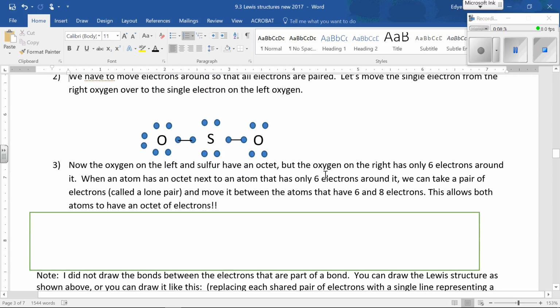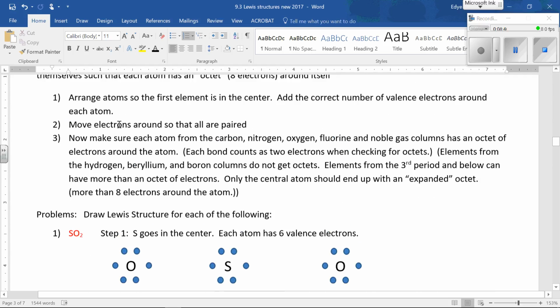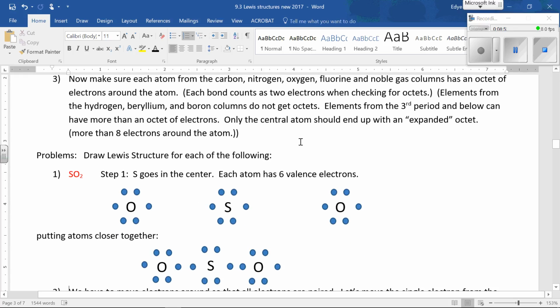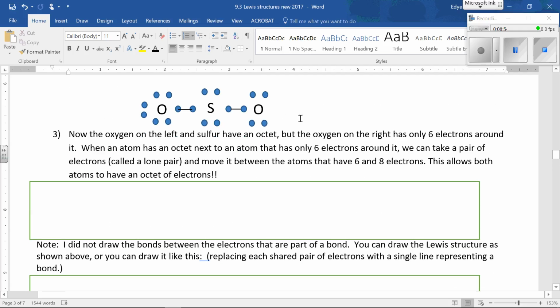Okay. So step 3 was check for the octets. These elements are in the column of oxygen, sulfur, oxygen. They're both in oxygen's column, so they both get octets. So we got to check the octets. Let's see, 1, 2, 3, 4, 5, 6, 7, 8.